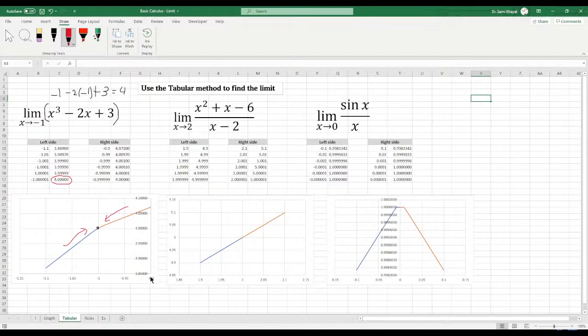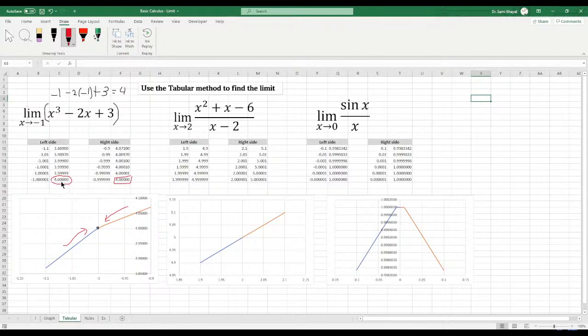I'll start from negative 0.9 and go slowly to negative 1, and I found it also gives me 4. Meaning this function has a limit, and that limit is 4, because this one equals this one.